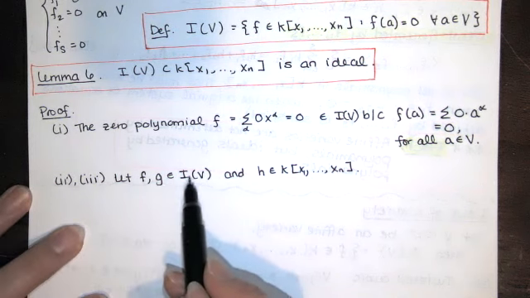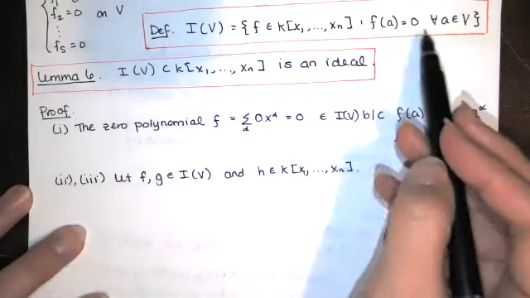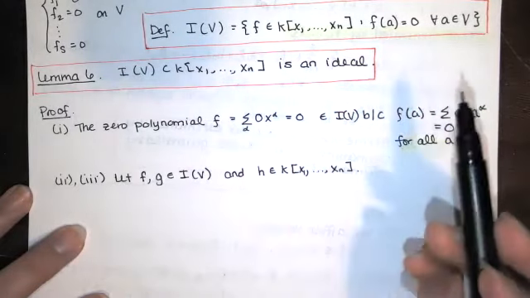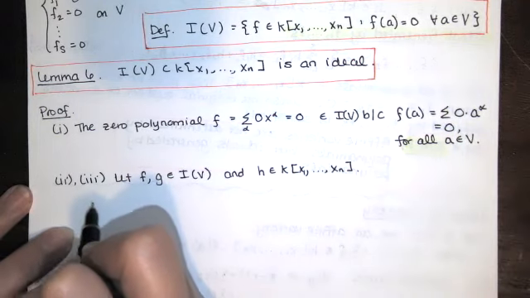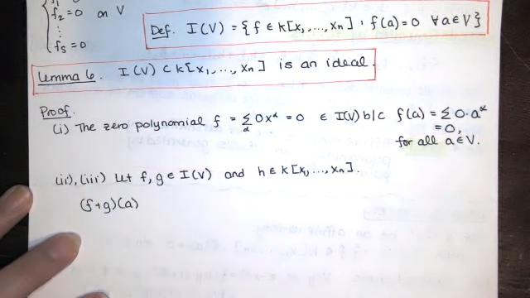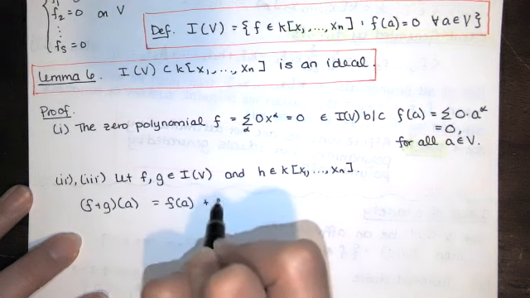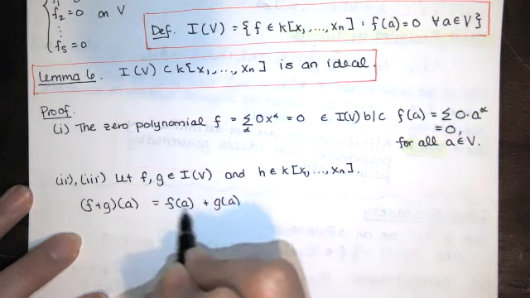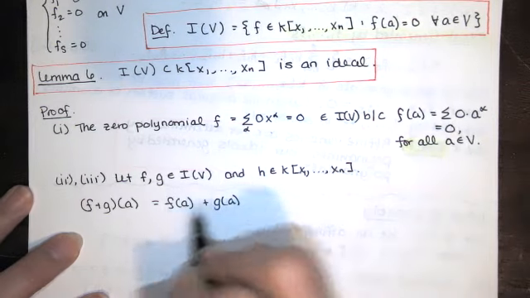If F and G belong to this set, then obviously F of A equals 0 and G of A equals 0 for all A. So if we evaluate F plus G at A, by definition, that's F of A plus G of A. And since F and G are in this set, this is 0 and this is 0.